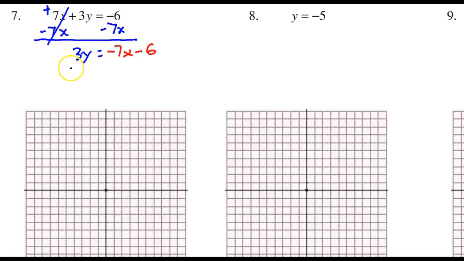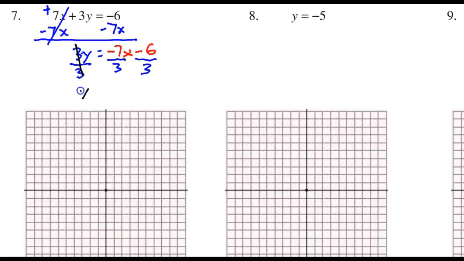And this time it's a 3y, so I'm going to divide by 3 everywhere. And lastly, simplify anything that can be simplified.